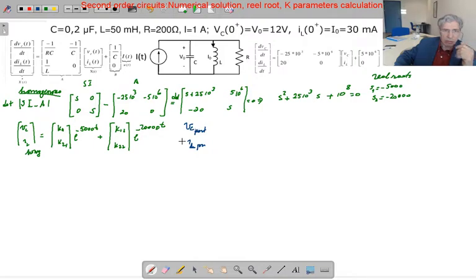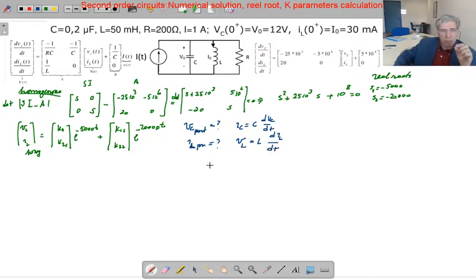That's capacitor voltage, state equation, state variables these are. As we said already, if you remember the definition relation of these elements, that is IC is equal to C times dVC over dt, and VL is L times dIL over dt.